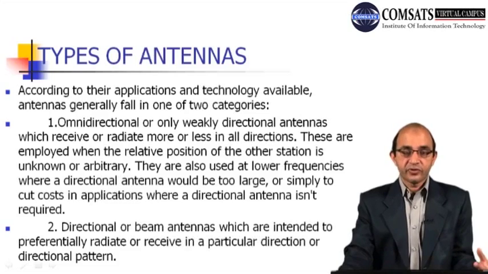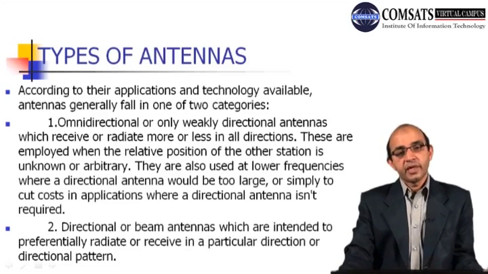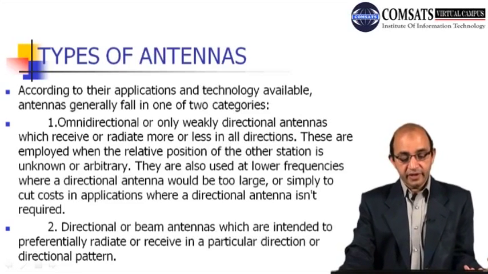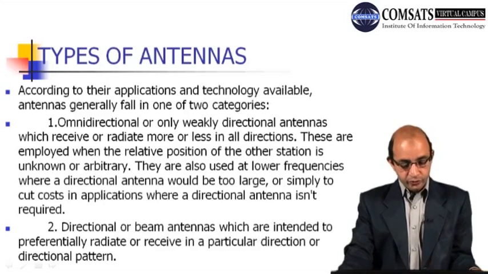So in case of mobility, if we want a communication system with mobility support, then we normally use the omnidirectional antenna. They can also be used at low frequencies where a directional antenna would be too large, or simply to cut the price, right? This is very important, because we don't want large antennas, and those antennas are difficult to move around.